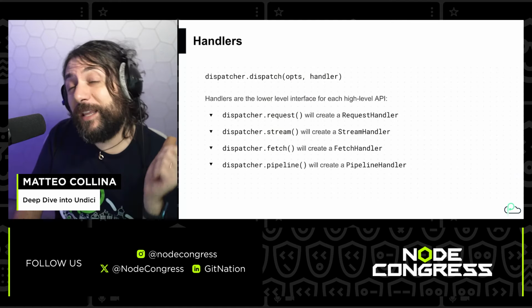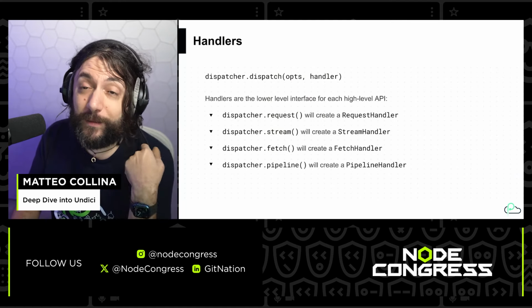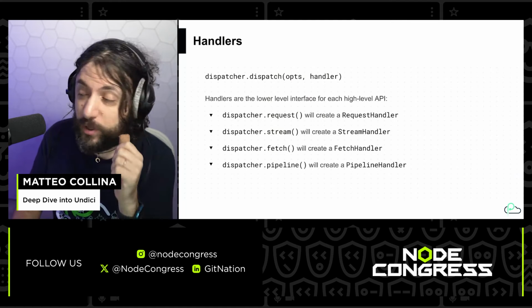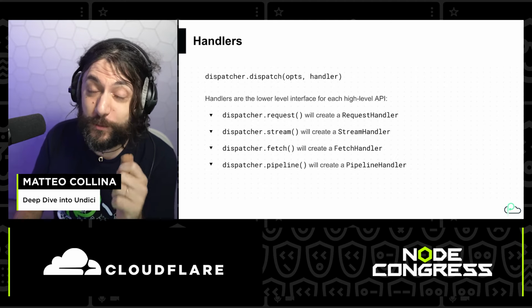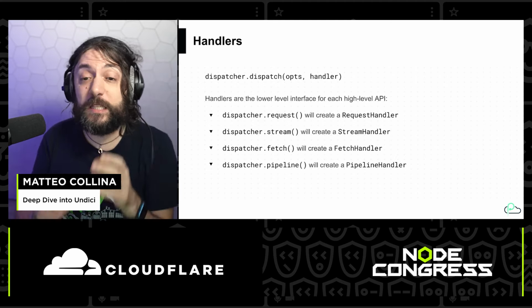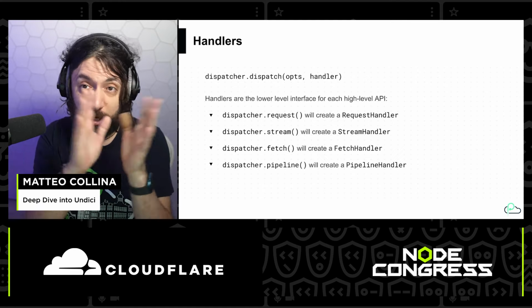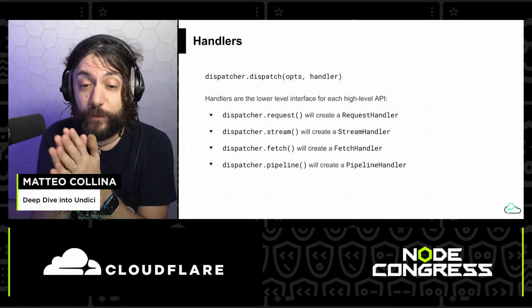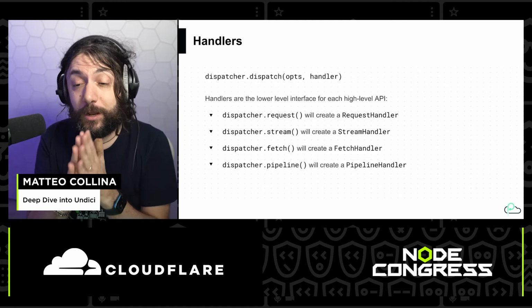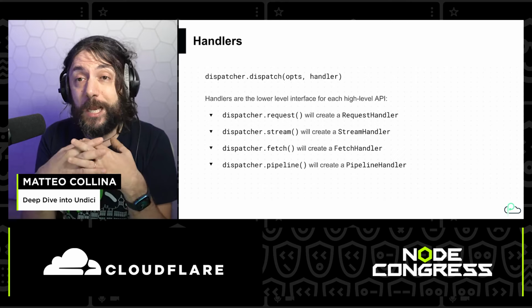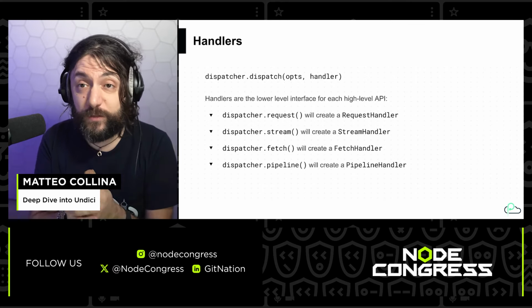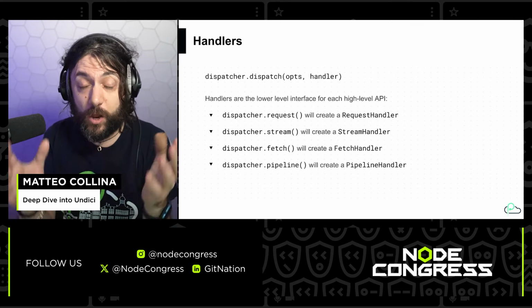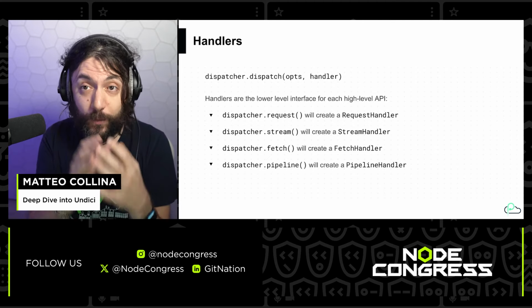You might wonder why it's called a dispatcher. Well, the important method for a dispatcher is the dispatch method, which takes an options object that describes the request and a handler for that request. A handler is a complex object that implements a lot of callbacks for different states of the HTTP request.